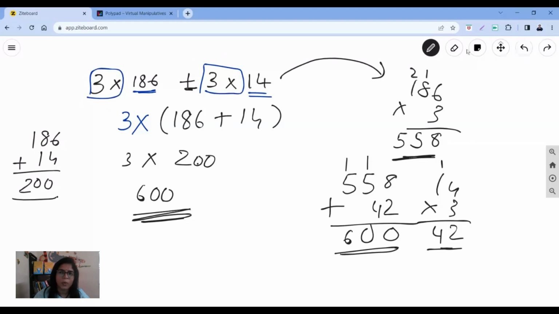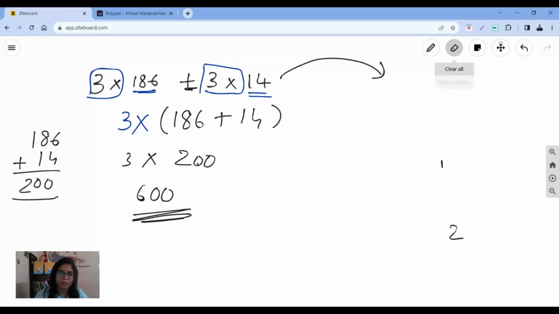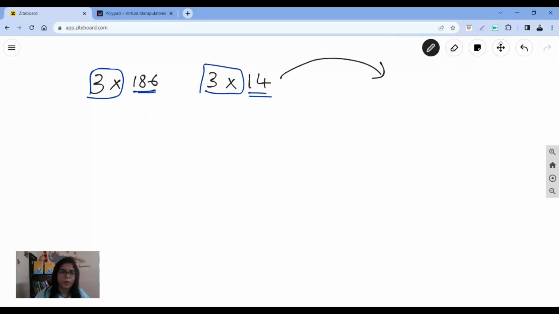Now, if I change the question slightly, instead of adding, if I put a subtraction in between, what happens? Shall we see that also? So that you might be thinking, is this distribution only for addition? No, that's not true. It is there even for subtraction. So instead of this addition sign, I'm going to put a subtraction.